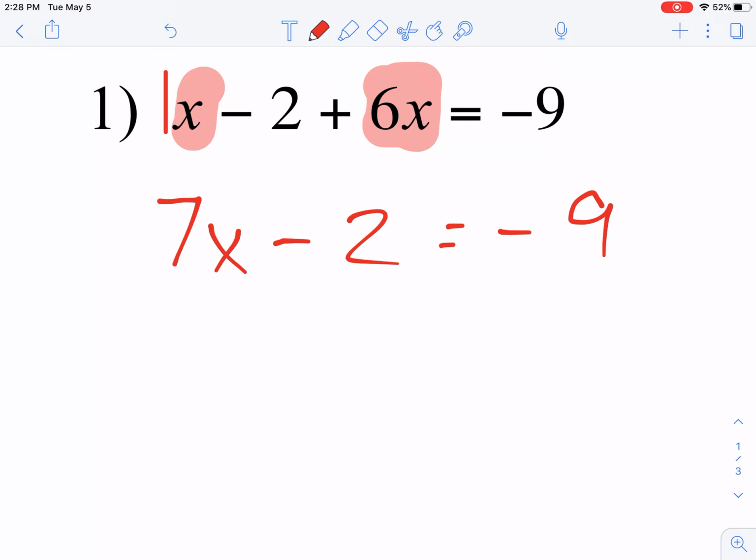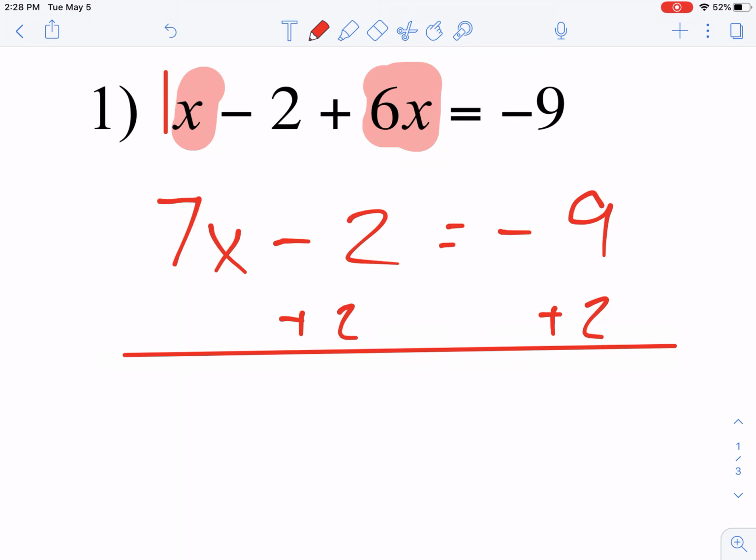Now you're down to a 2-step problem, which we did about 2 weeks ago. So the first thing you want to do is plus 2 on both sides of the equal sign. And so what happens is the 7x will come down. These will cancel out. And then negative 9 plus 2 is negative 7. You're always welcome to use Desmos, but I just wanted you to know that you can do this in your head.